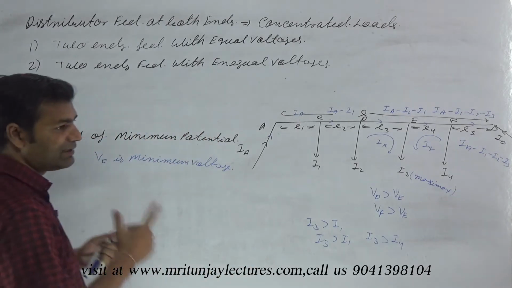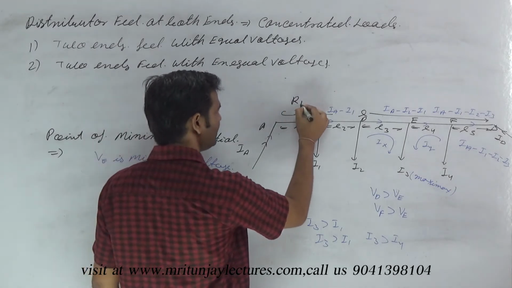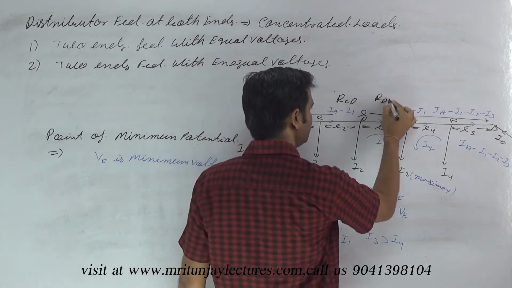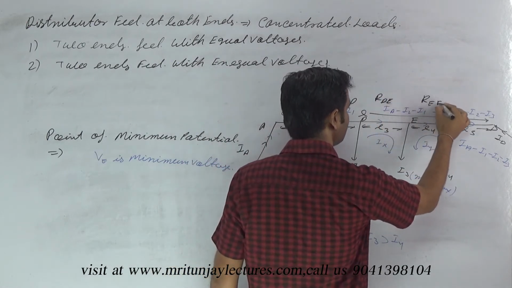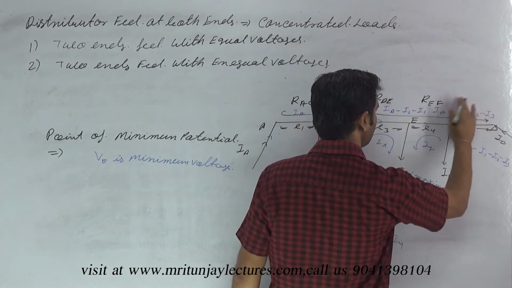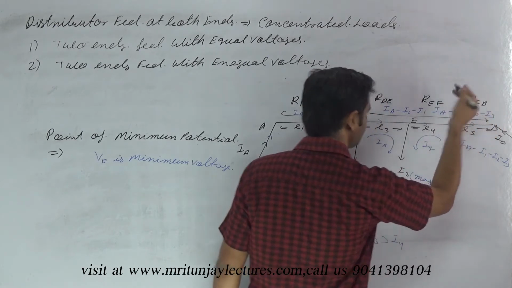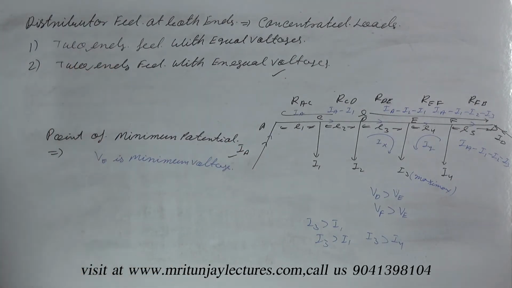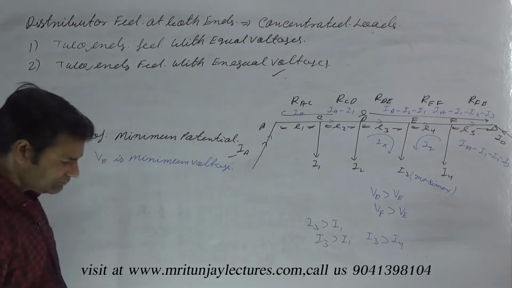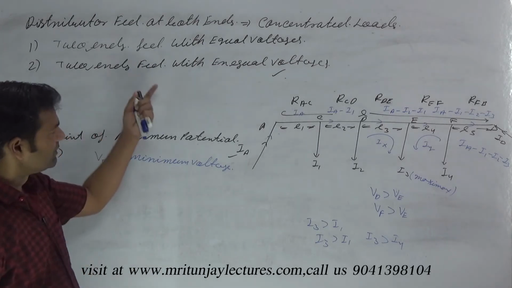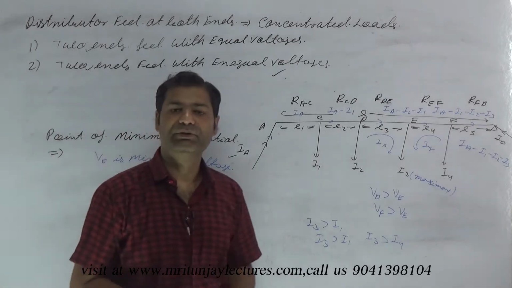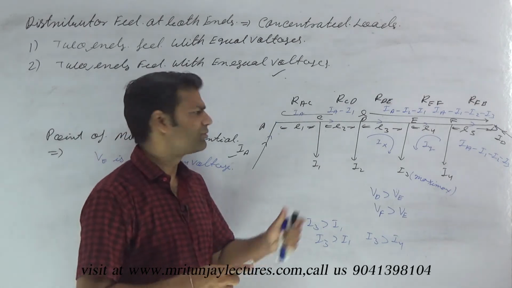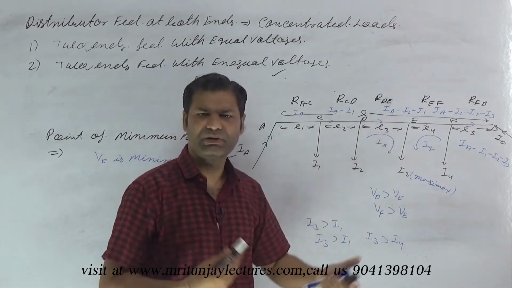First of all, determine all the resistances in this section: R of AC, R of CD, R of DE, R of EF, and R of FB, for both cases. In both conditions our motto is to determine the minimum voltage, or the voltage drop corresponding to any section.